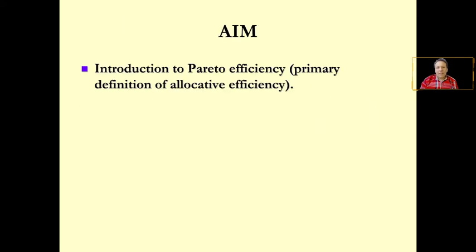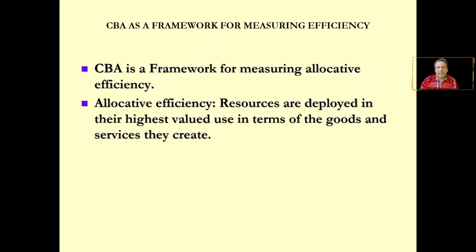In the CBA framework, that is in the spirit of CBA analysis. We want to get to know what is the best project. That is the purpose of CBA analysis. So therefore, it is a framework for measuring allocative efficiency.